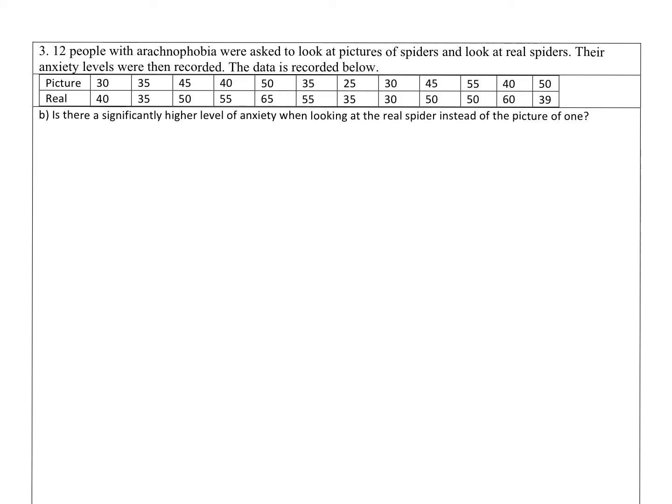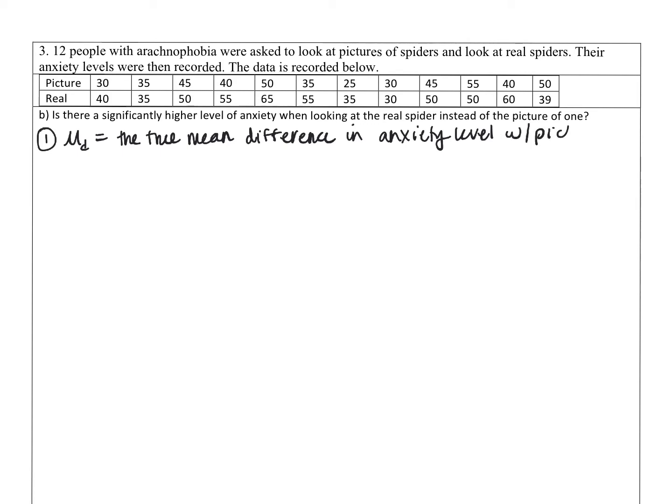You can do this. Let's just get going here. Okay, so number one, this is a paired t-test for sure. So mu sub d is going to be the true mean difference in anxiety level with the picture or real spider.